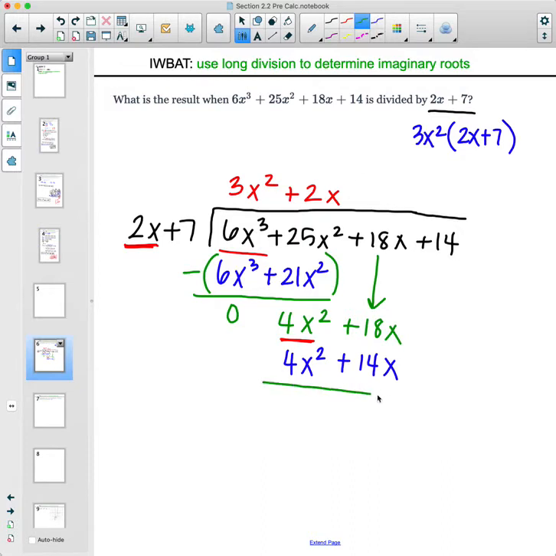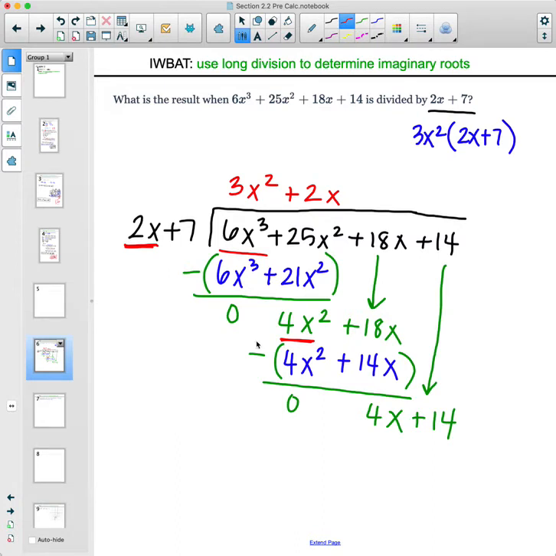And then again, you'll subtract. Okay, so 4x squared minus 4x squared is 0. 18x minus 14x is 4x. Then carry down your 14 and start over.